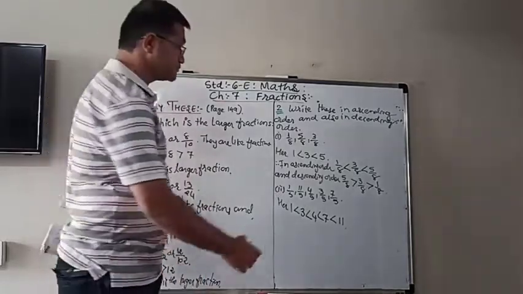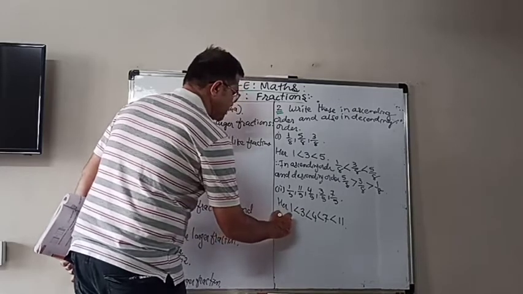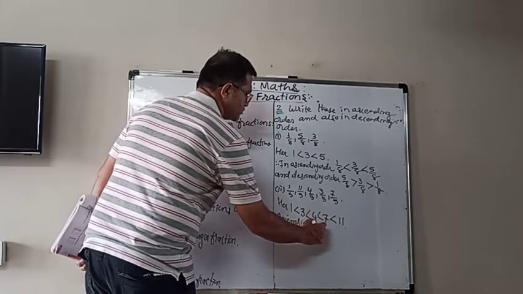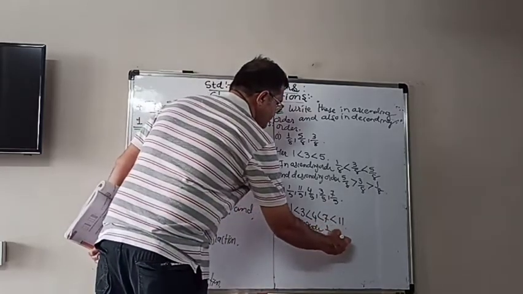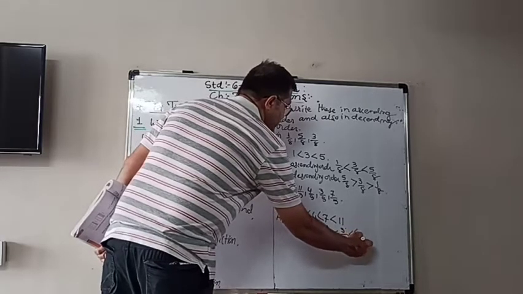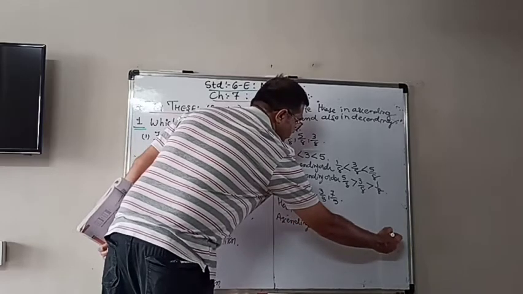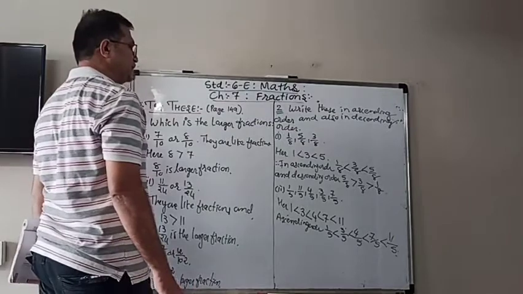And therefore, ascending order is 1 upon 5, less than 3 upon 5, less than 4 upon 5, less than 7 upon 5, less than 11 upon 5.